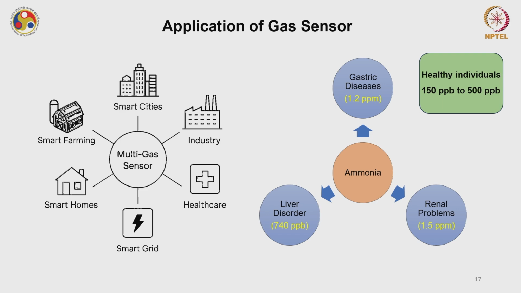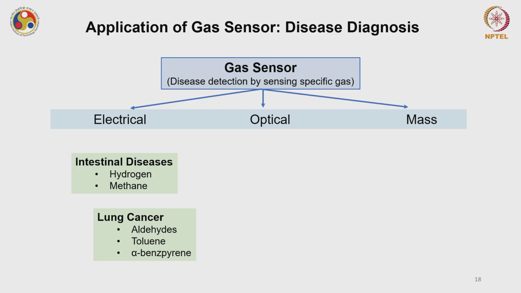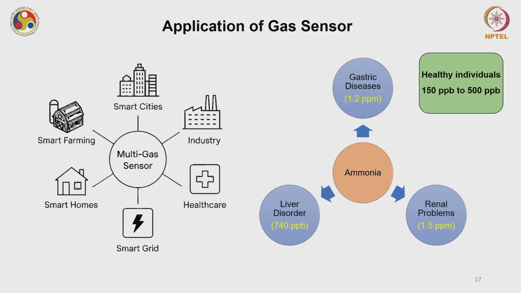If you can detect this change from, say, 500 ppb to 1.5 ppm, you can at least screen whether the person is healthy or unhealthy. This is just one example for ammonia, particularly for renal problems and liver disorders, but people have reported a number of gas sensors which can be used to monitor a number of biomarkers for different diseases.